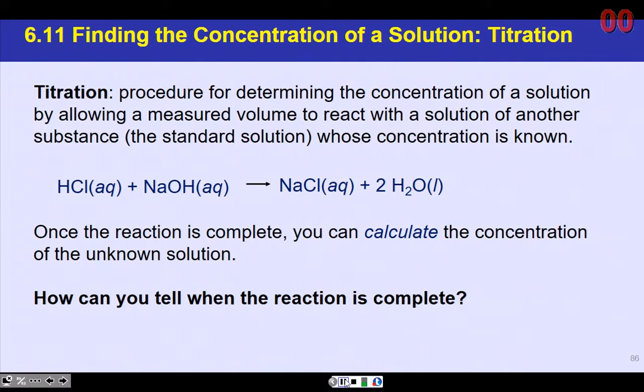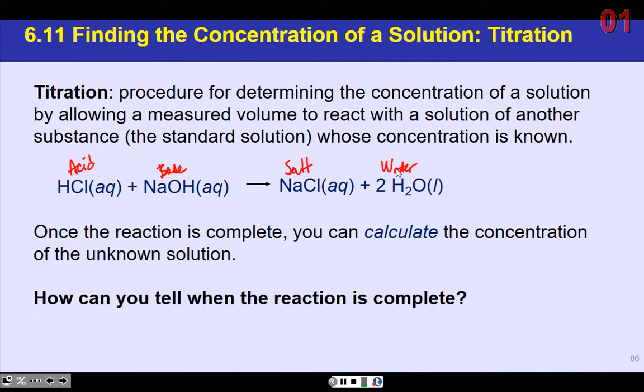In the acid-base context, we can use simple examples like this one here with hydrochloric acid and sodium hydroxide. A very ordinary, stereotypical example, to be honest, for acid and base, where you're going to make a salt and water. And once this reaction is complete, we can calculate the concentration of the unknown solution.